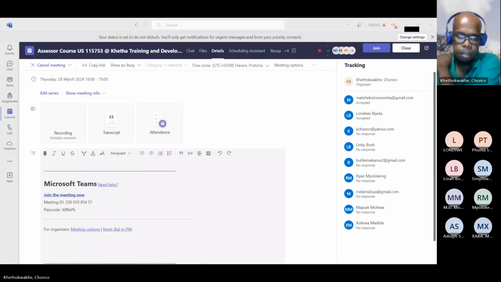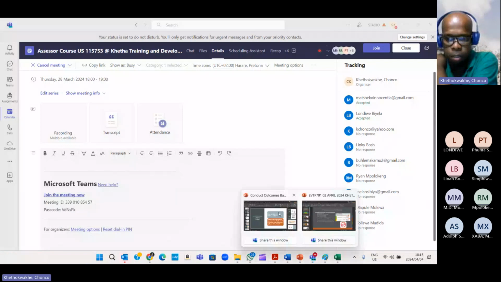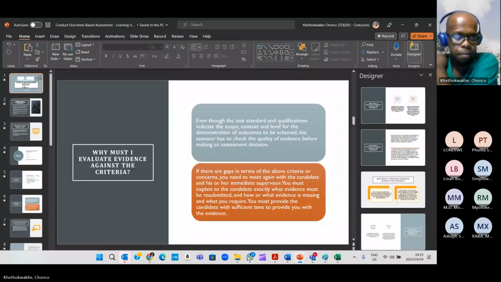Let me know if you see my screen, but it looks like it has frozen. Don't know why. We can see your screen, sir. Yeah, but it's frozen. Can you see the PowerPoint? I can see your screen.